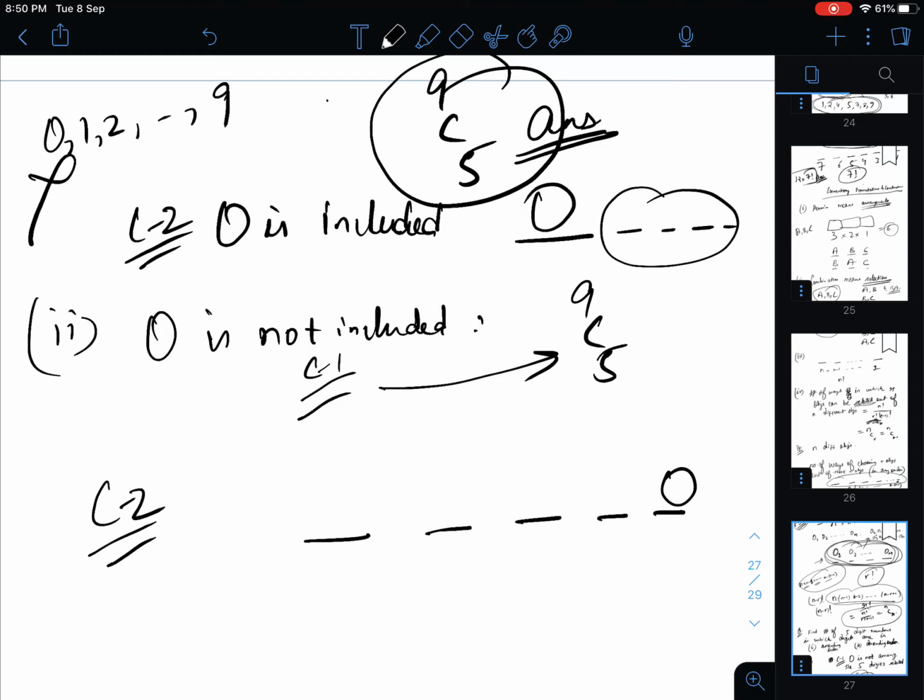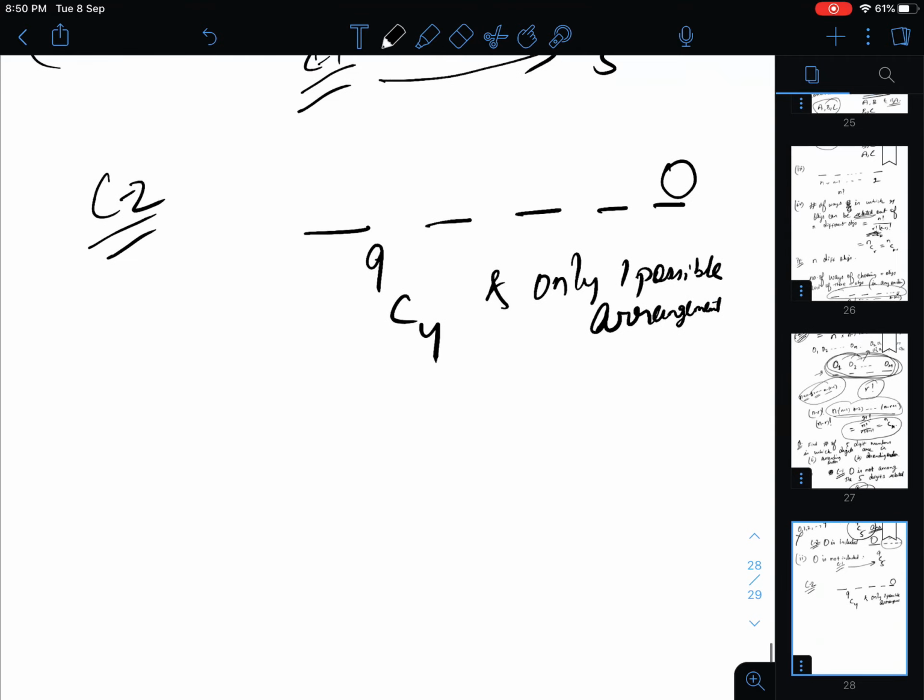So that means from the remaining 9 digits we have to select 4 digits, and there is only one possible arrangement. So finally the answer is case 1 plus case 2, which is 9C4 plus 9C5.